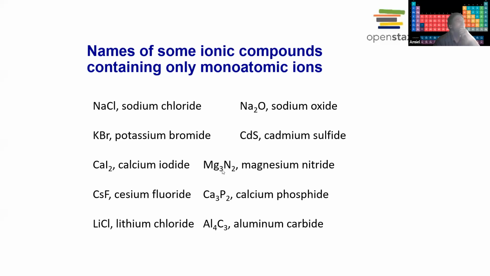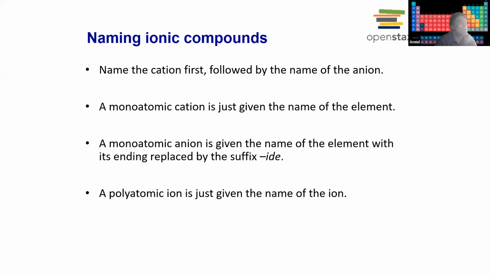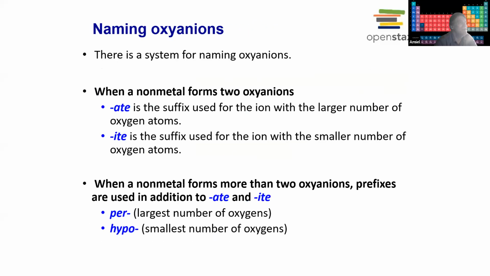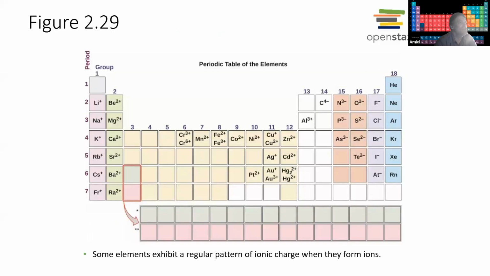But I would put magnesium nitride on there because that one is consistent with nitride. Let's look, Mg3N2. Mg is 2 plus, N is 3 minus, so Mg3N2.